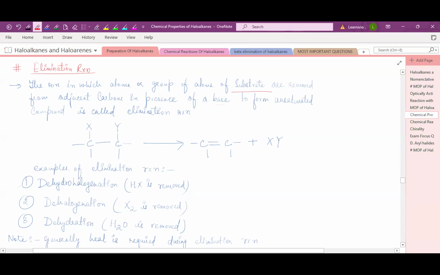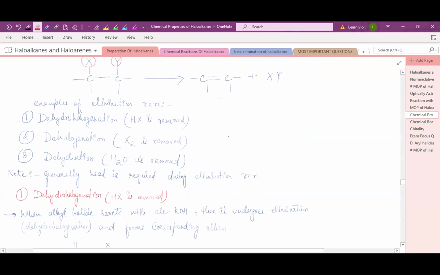You have to eliminate one group from this carbon and another group from the adjacent carbon. When you remove these two groups, the bond shifts here, right? So you will get a carbon-carbon double bond, which means an unsaturated type of compound.